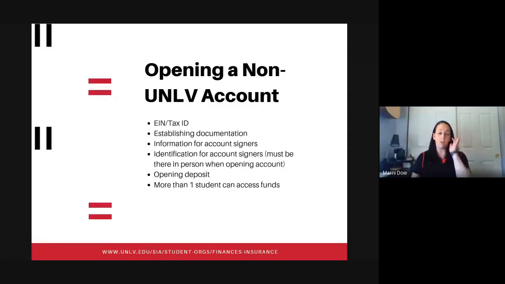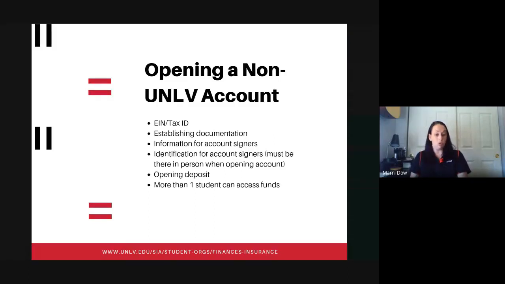Sometimes to open that account, most banks are going to require that they have some establishing documentation. Each bank might define that differently, but that's often articles of creation or meeting minutes, or maybe a letter from their advisor or from our office, which we can provide. Also, you're going to have to decide who has access to the money in that account, your account signers.